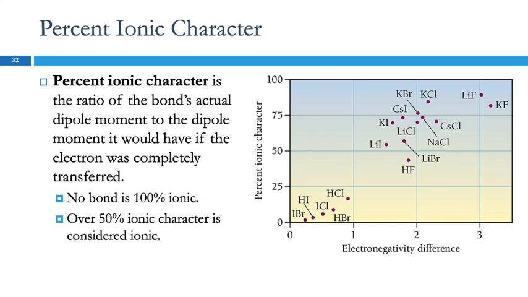Here we're looking at percent ionic character as a function of the electronegativity difference between those two elements. They consider anything over 50% ionic character to be an ionic bond. So here's 50% right here. There's this cluster up here. What kind of elements are these? Metals and nonmetals, right? These guys are ionic.